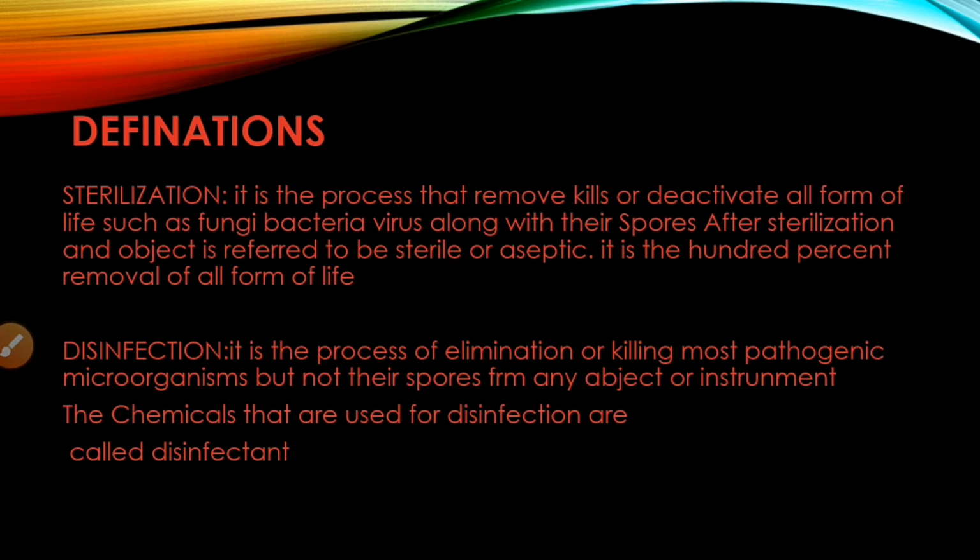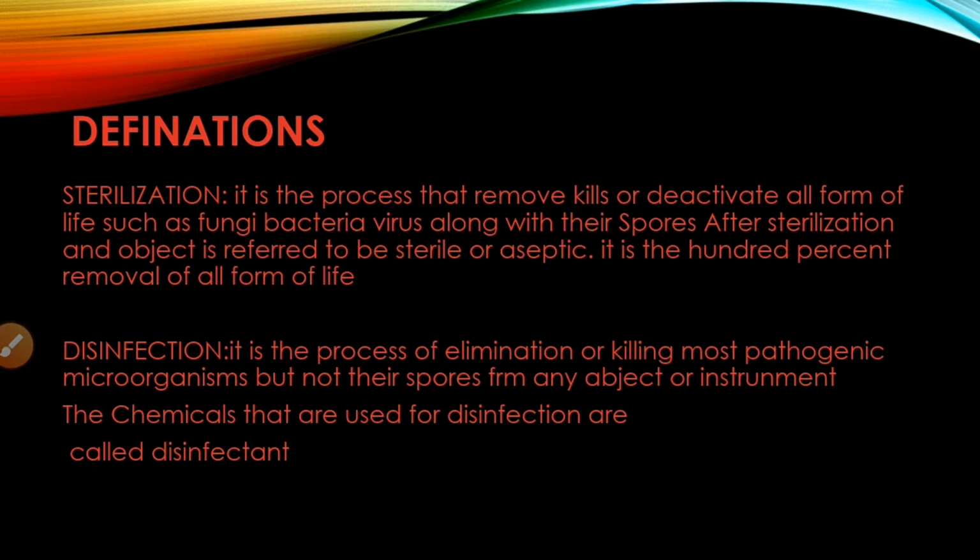Disinfection. It is the process of eliminating or killing most pathogenic microorganisms, but not their spores, from an object or instrument. So in disinfection there is about 90% removal of all forms of life, but the spores are not killed, so they could develop into future pathogens.